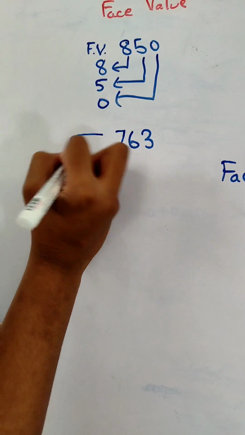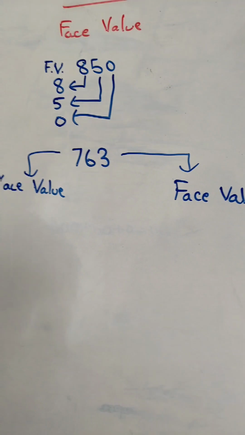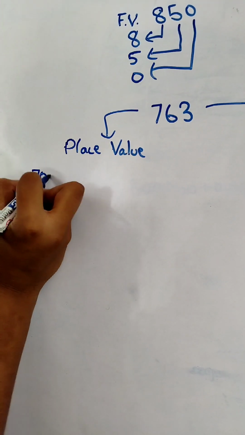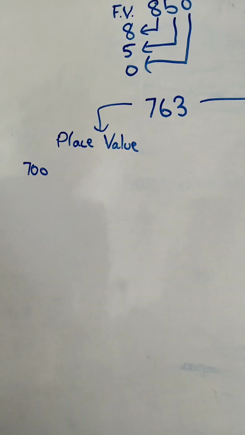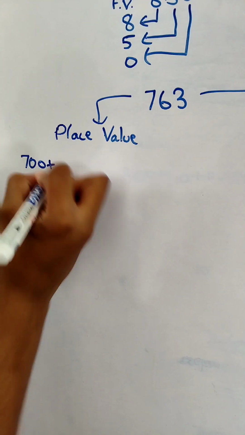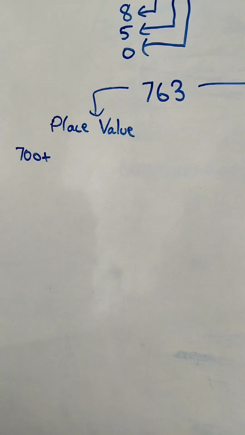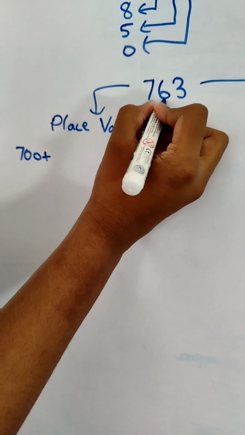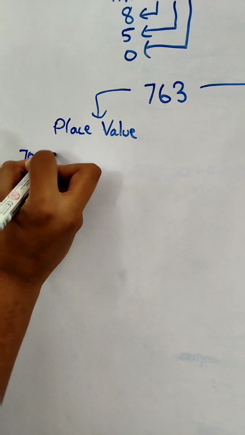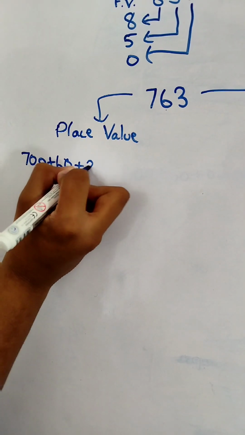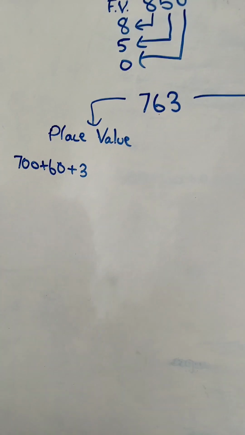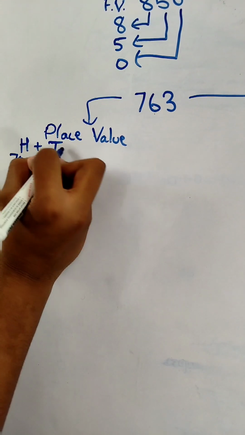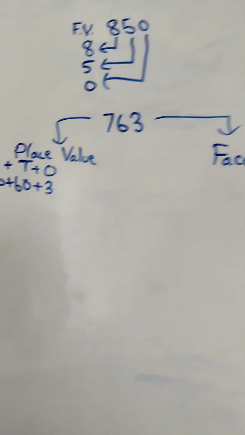We can write 763's place value and face value. First, let's start with place value. 7's place value would be 700 because it's in the hundreds digit, therefore we multiply by 100. Then we are separating the digits with a plus sign. Then it's 60, plus 3. This is hundreds plus tens digit plus ones digit in this situation.